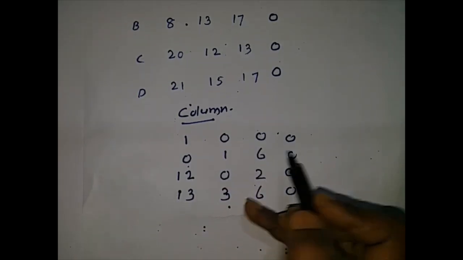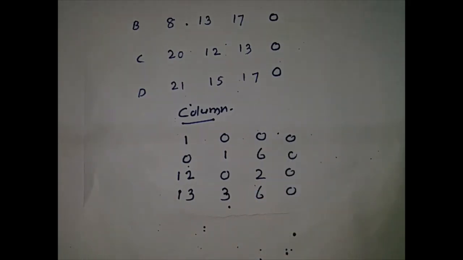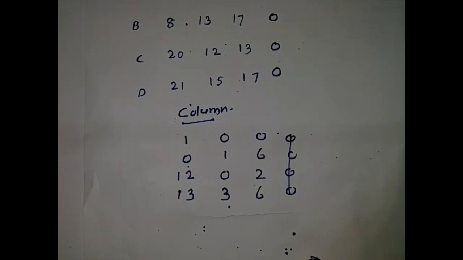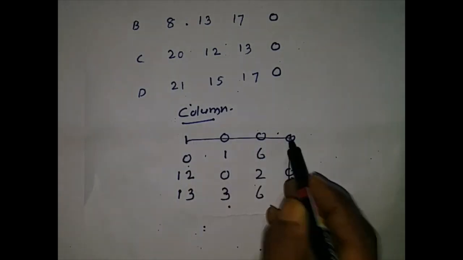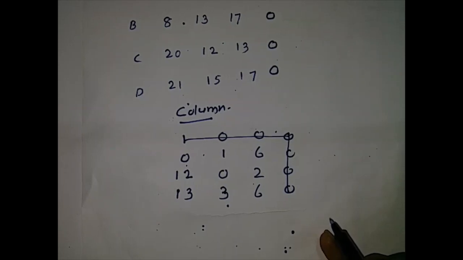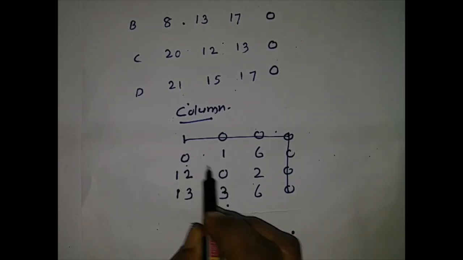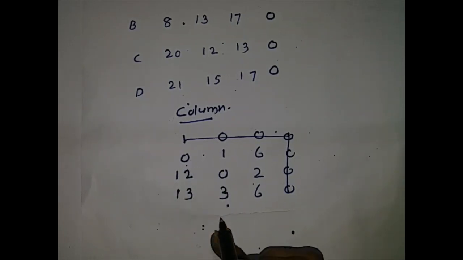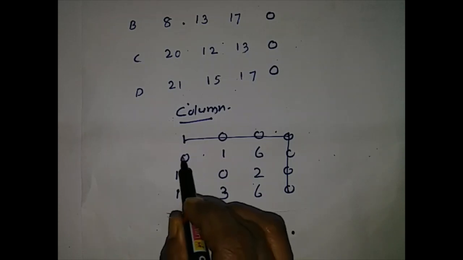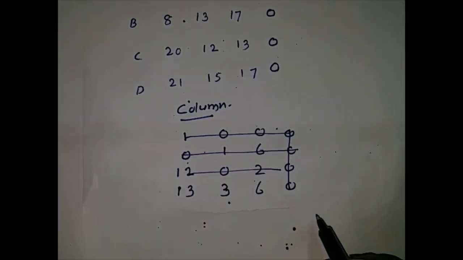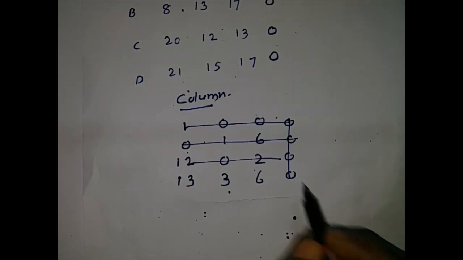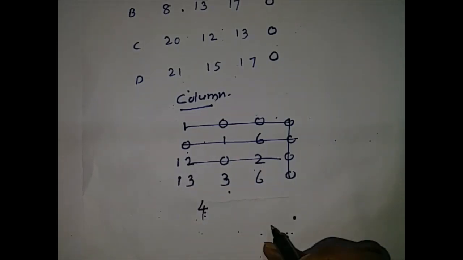So we will try to cover all the zeros within 3 lines. 4 zeros I have covered. 2 zeros I have covered. These 2 zeros we have to draw 2 lines. We cannot cover by a single line. 1, 2. So minimum number of lines to cover all the zeros is equal to 4.